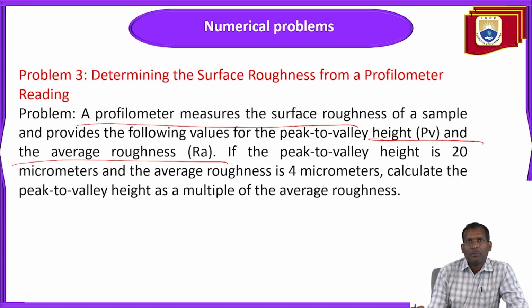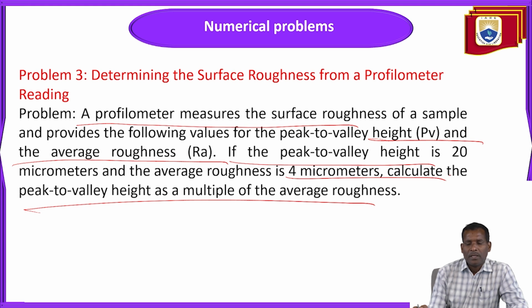If the peak to valley height is 20 micrometers and the average roughness is 4 micrometers, calculate the peak to valley height as a multiple of the average roughness.